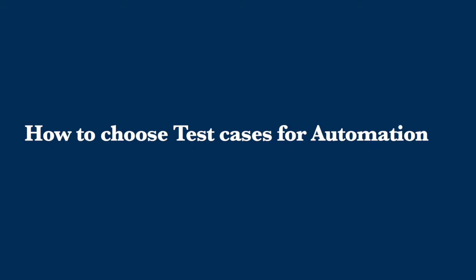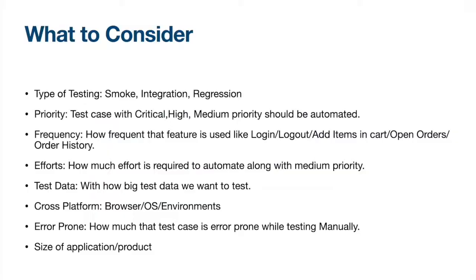So what I am trying to discuss here is that we will identify certain criteria which will be very helpful for you to select the test cases from your manual suite, or from your regression suite, which is already created by manual testers or functional testers. Okay, so let's start.